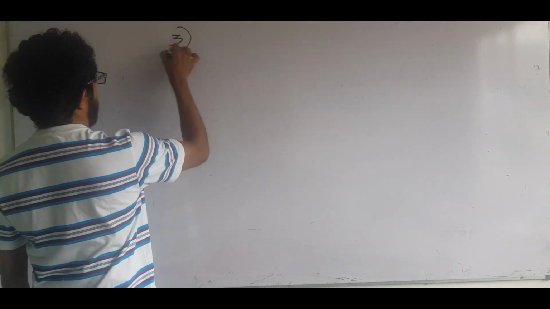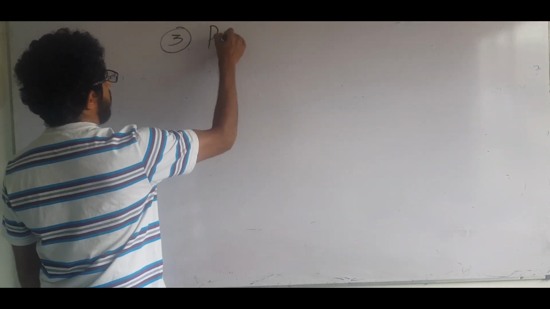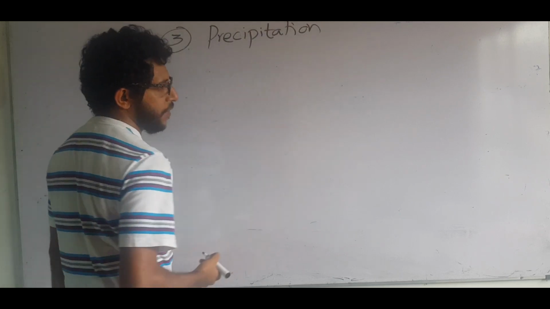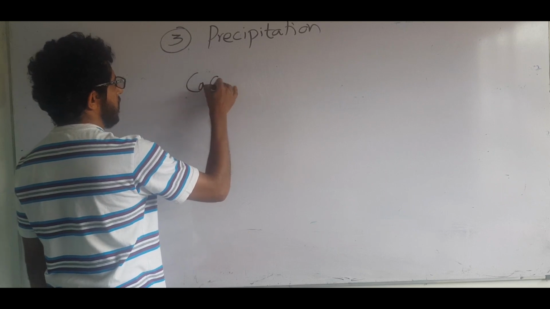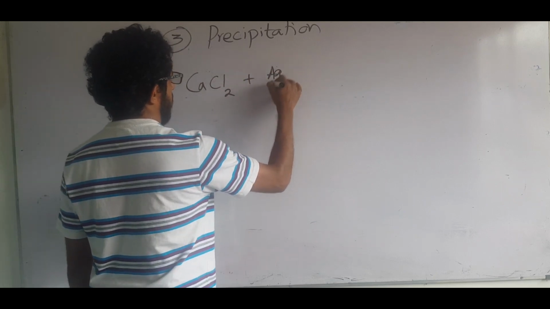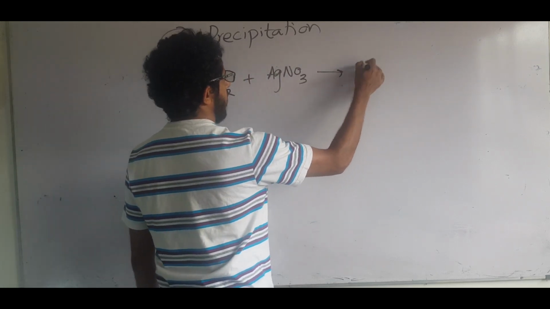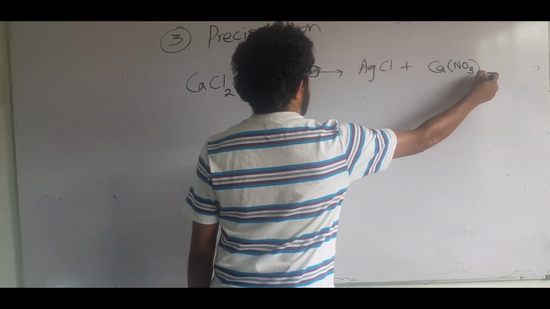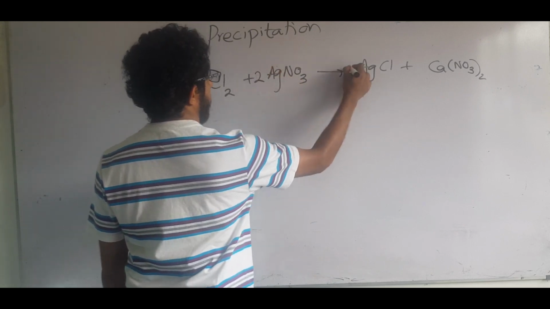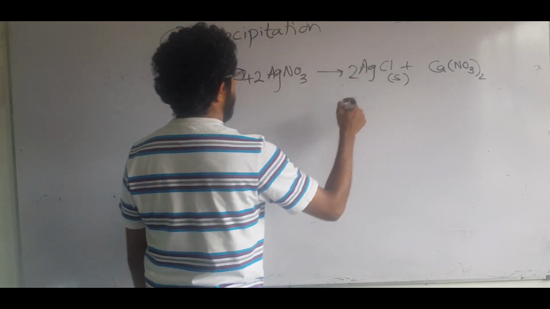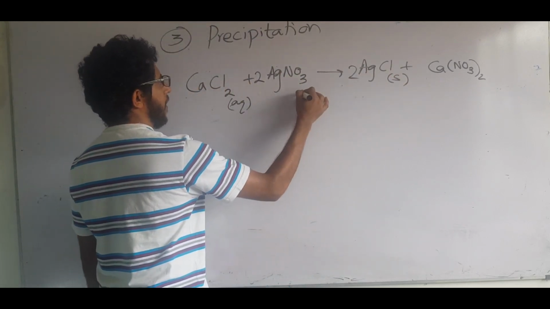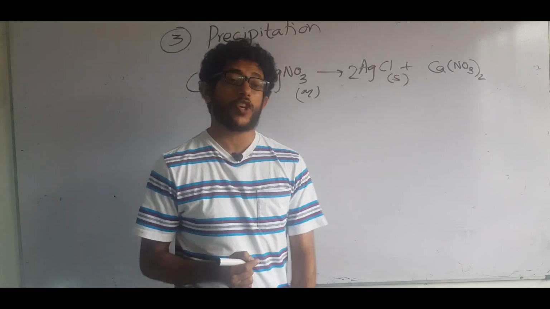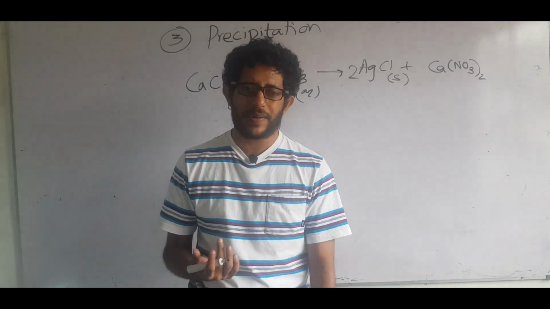the third type we normally get is the precipitation reaction. Calcium chloride plus silver nitrate, AgNO3, gives AgCl plus calcium nitrate. AgCl is a solid. So in a precipitation reaction, two aqueous substances react to give a solid. That is how we can easily find a precipitation.